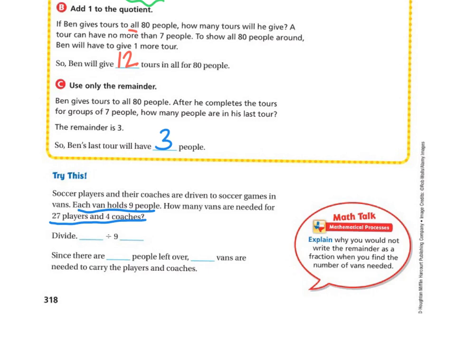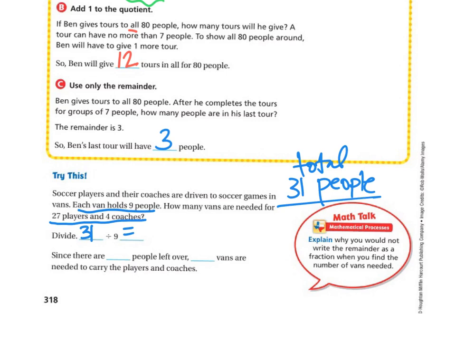We've got 27 players and 4 coaches. So that's 31 people total. So we're going to take 31 people and divide them into groups of 9 because each van holds 9 people. So here's where you have to start thinking about your facts.